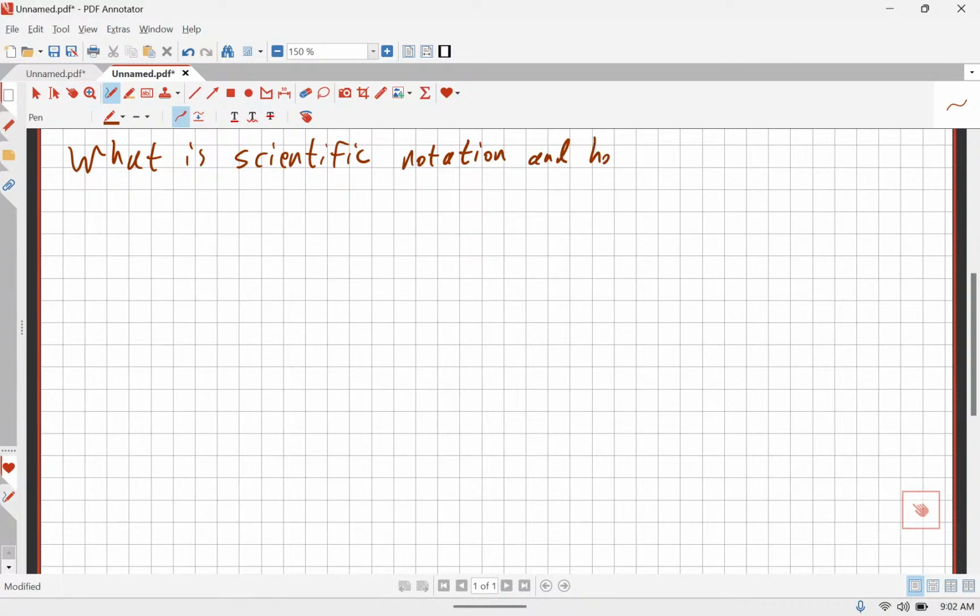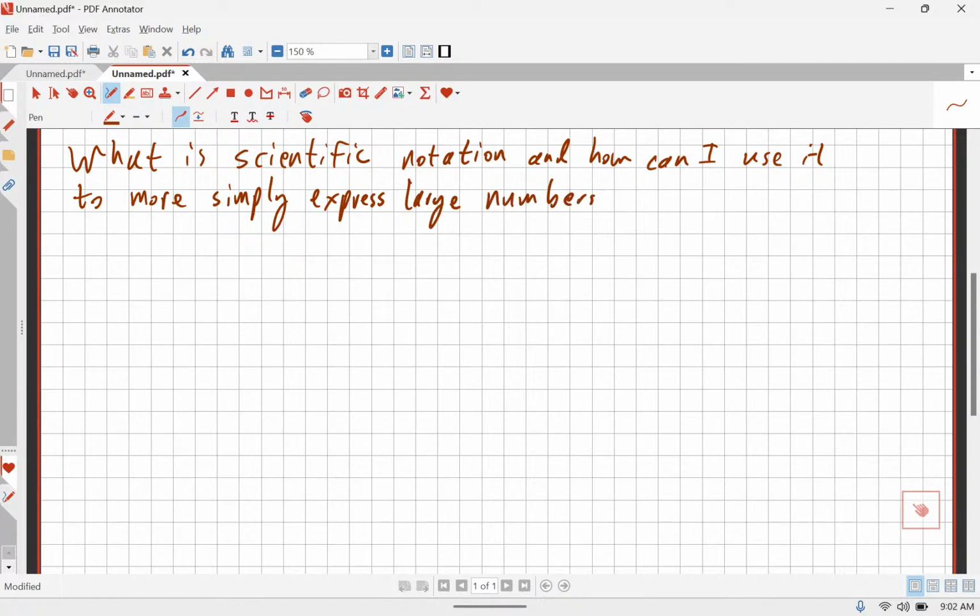And how can I use it to more simply express large numbers? By the way, I noticed, Luke, that you read that from your paper, so you already had it written down. That makes me very happy, and I'll put you on the star team for that. Thank you for that. Appreciate you writing those down before we even have to.